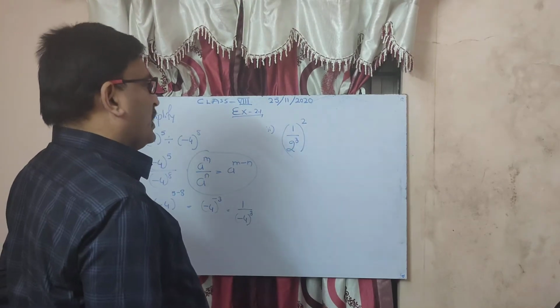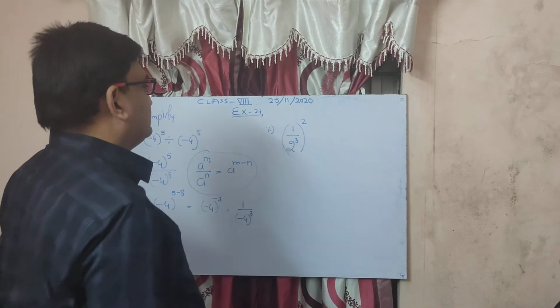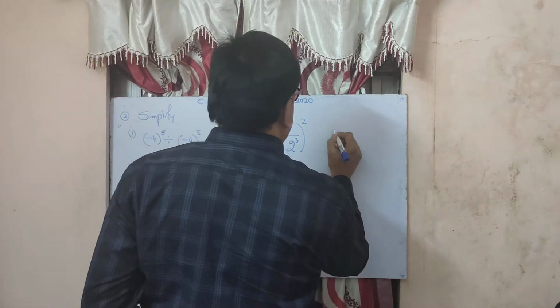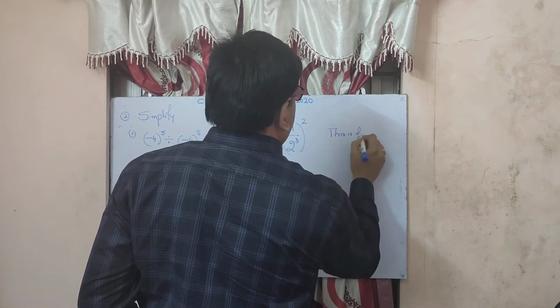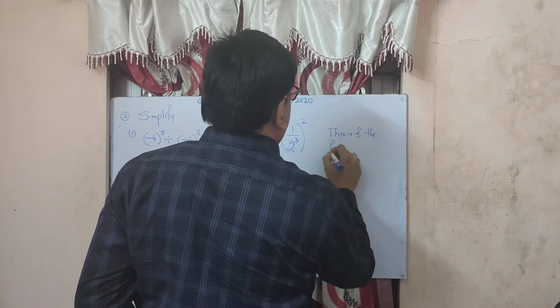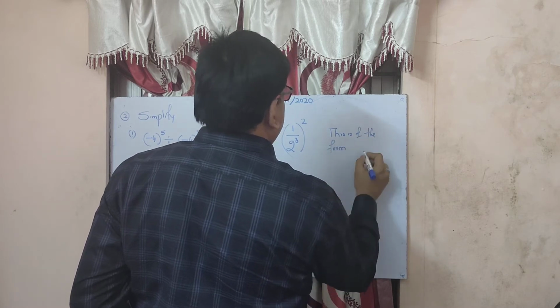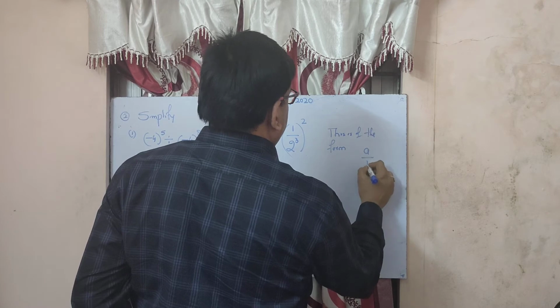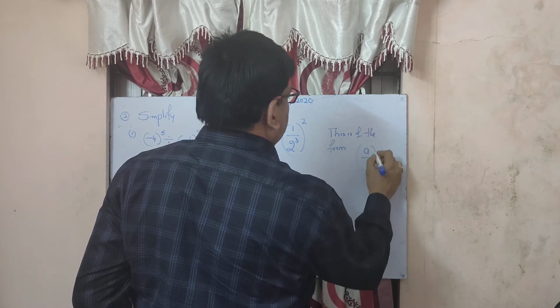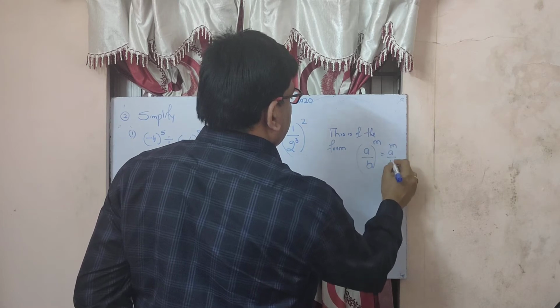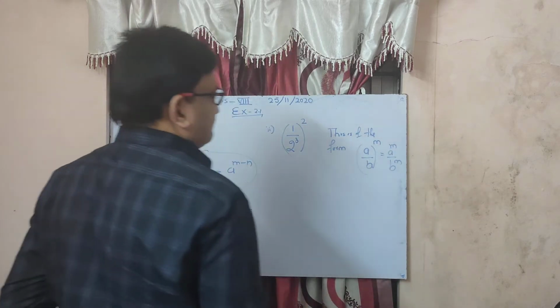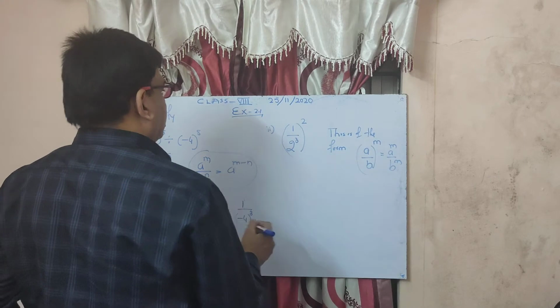Now, what is that law? This is of the form A upon B to the power m, that is A to the power m upon B to the power m. First formula.